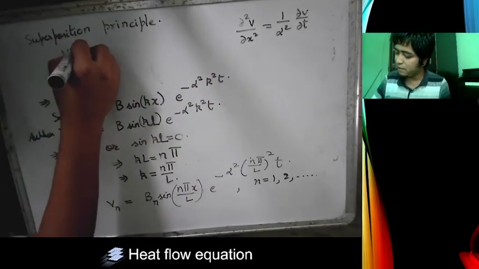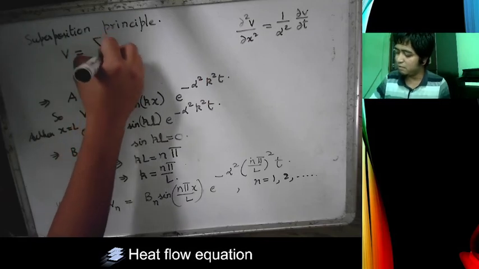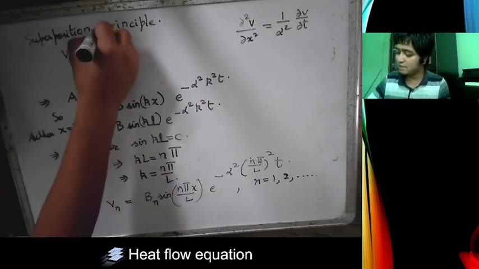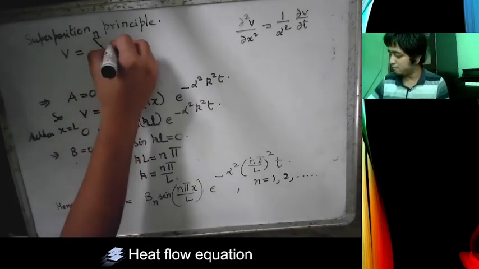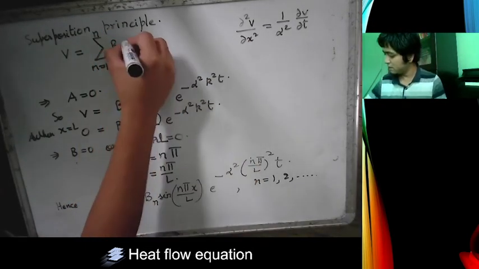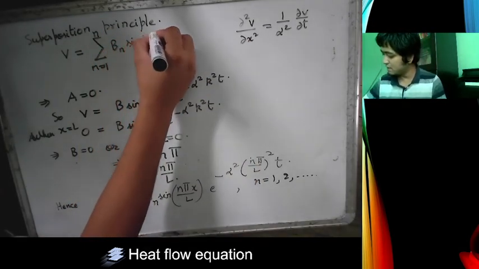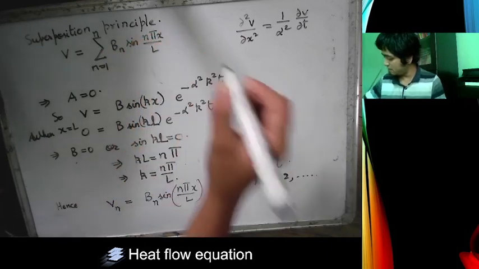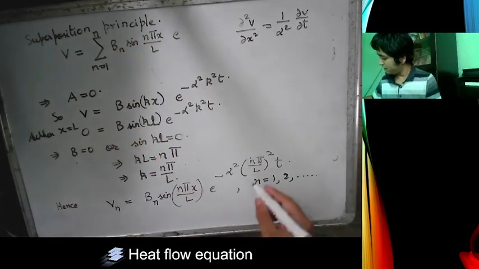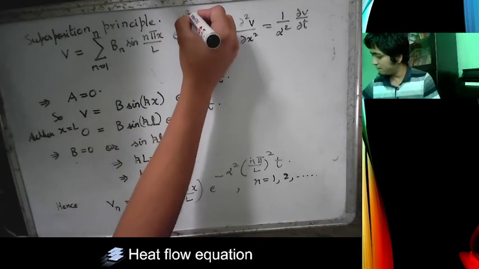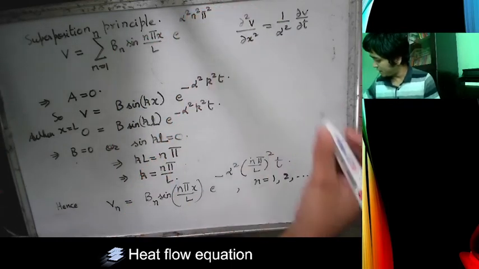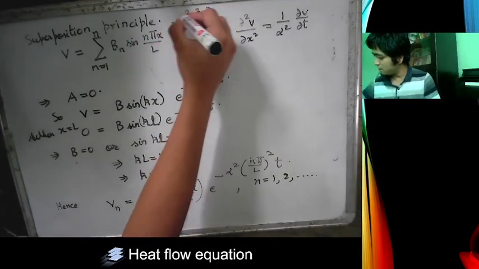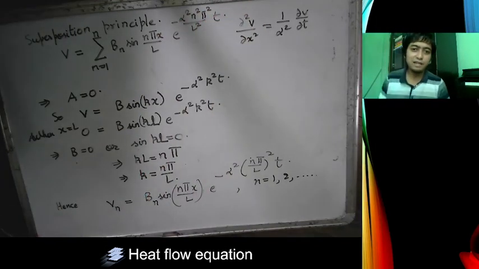We will take V equal to a linear combination, that is sum all of these, sine n pi x by L, E alpha square n square pi square by L square T. So we can take V to be equal this.